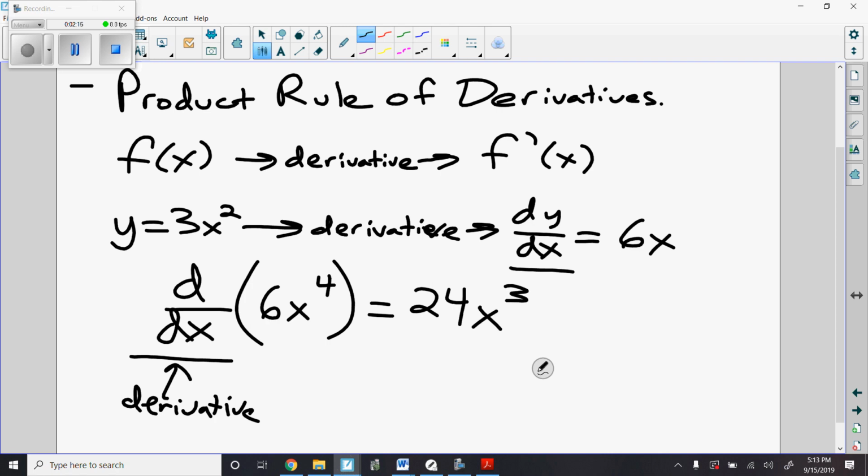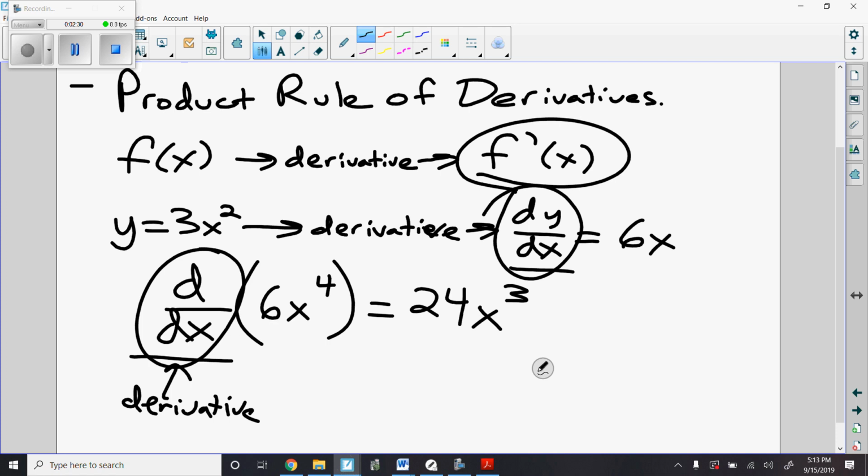So that d dx is just showing that I'm doing the derivative of that expression, 6x to the fourth, and I get 24x cubed. So anytime we see d dx, dy dx, f prime or g prime or h prime of x, we know those are all meaning derivatives.